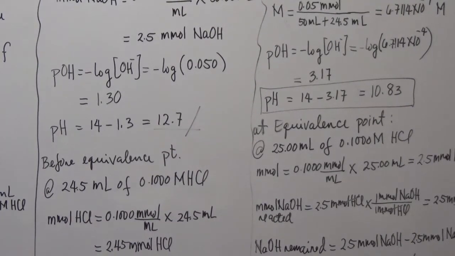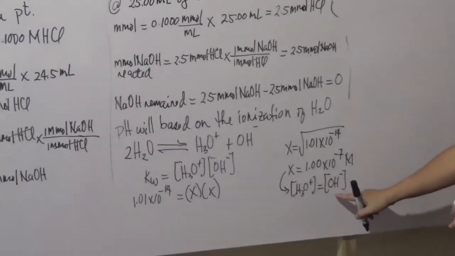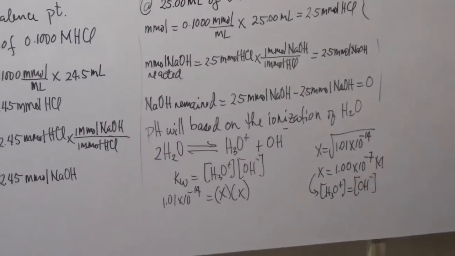So I'll just redraw the titration curve. Okay, so the concentration now of the hydronium ion is equal to the concentration of hydroxyl ion, which is 1 times 10 to the negative 7.